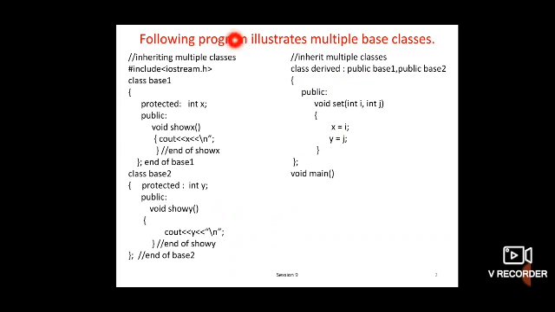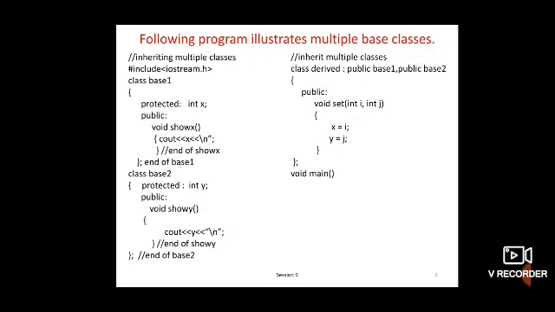Then from which class is the object created: derived, base1 or base2? Students, always remember, in an inheritance program the object is always created from the derived class.